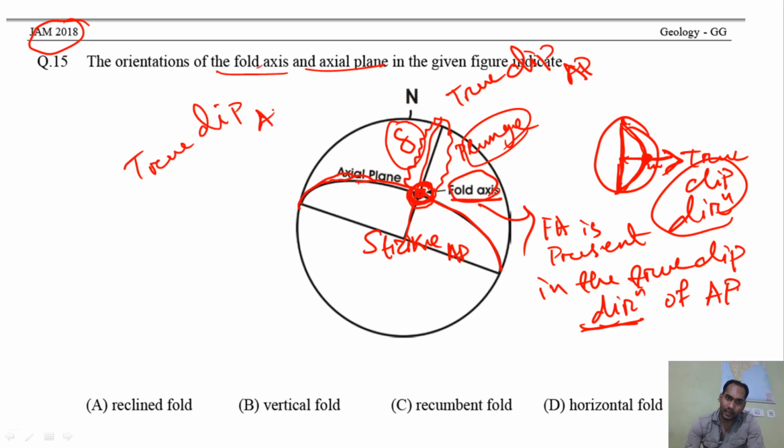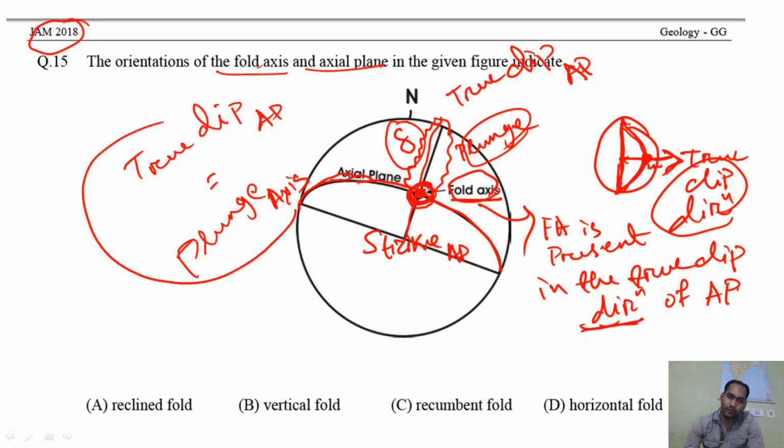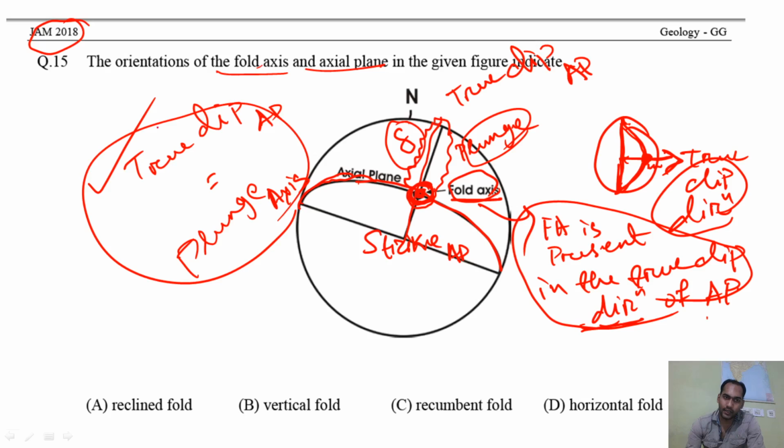of the axial plane is equal to the plunge of the fold axis. So in these two cases, the fold axis is in the direction of the true dip direction of the axial plane, and the fold axis is plunging at the same angle as your true dip, right?